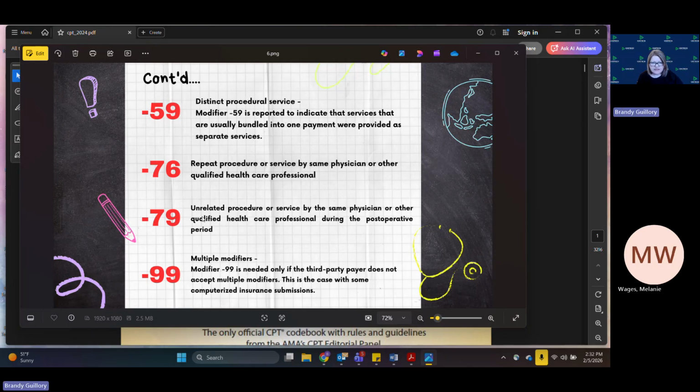All right. So 76, 79. Okay, here's where they can be close. Okay, look at 76 and 79. Repeat procedure or service by the same physician.